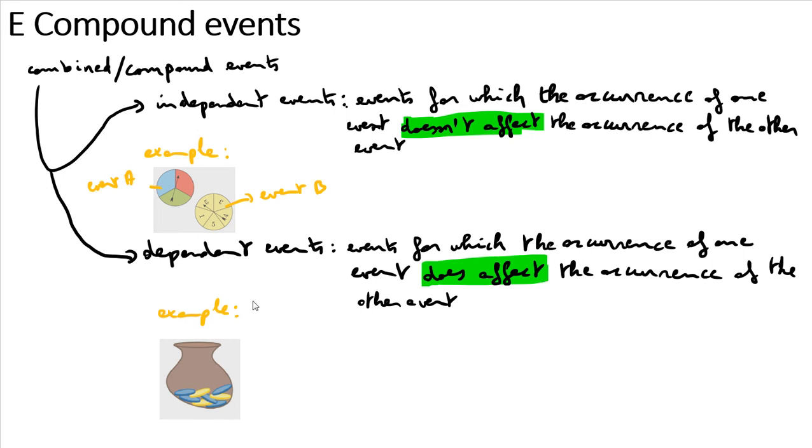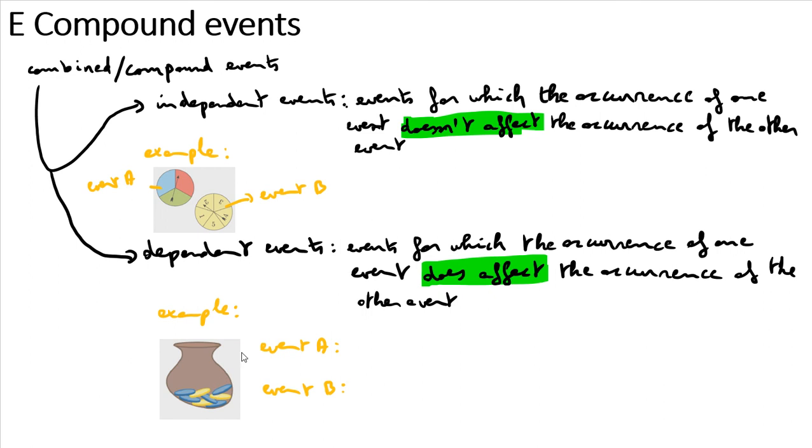Let's say I select first one disc, so that's event A. I select one disc and then I put that on one side and then I select another disc. The disc that I selected in event A will affect the disc that I select in event B.